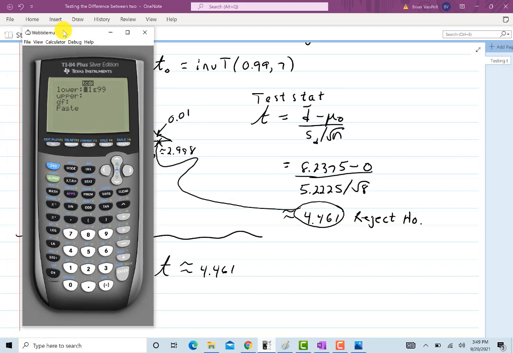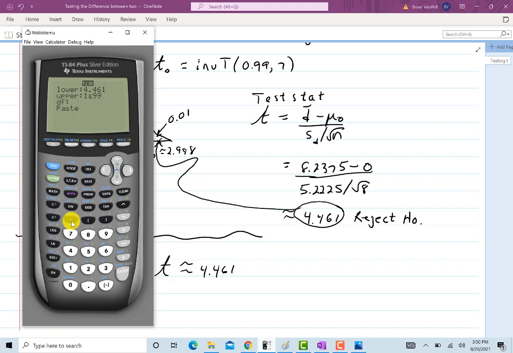So my lower will actually be 4.461, and then my upper will be at positive infinity. So remember how you put the positive infinity, 1 little e above there, and then put 99. The degrees of freedom, you need to do that one.